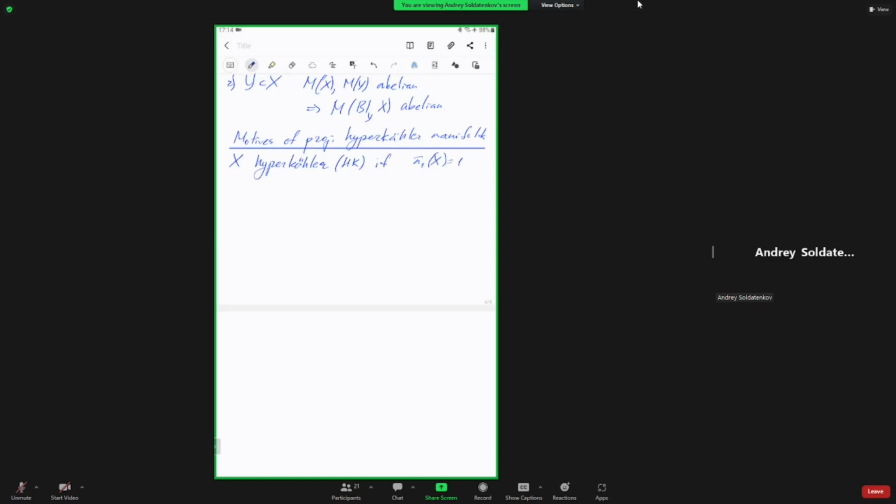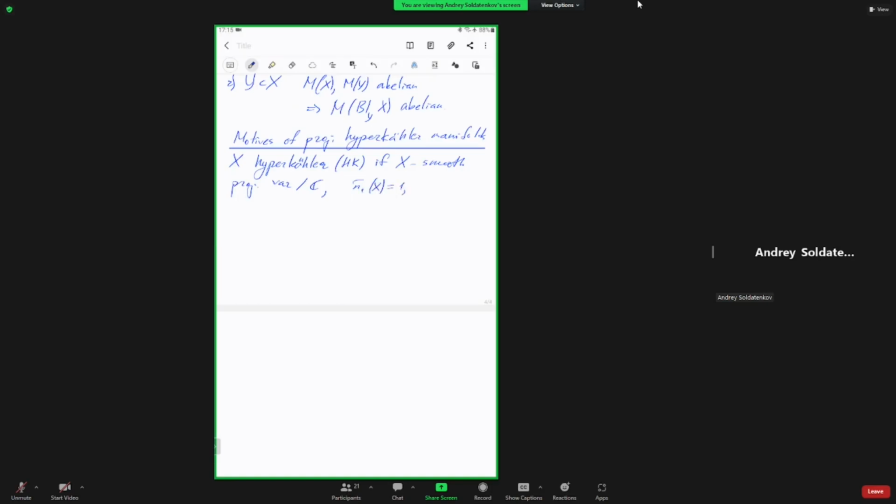So let me write this again. I assume as before that X is a complex projective variety, first of all. So X is a smooth projective variety over C, just as before. Also, it is simply connected.